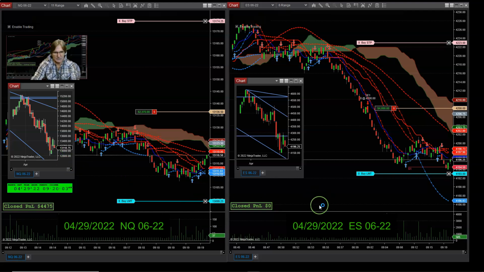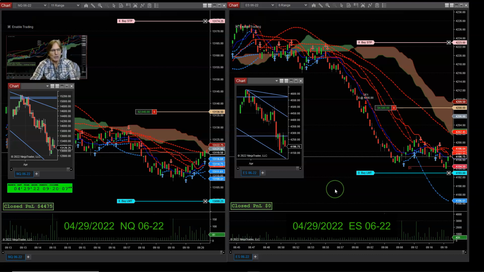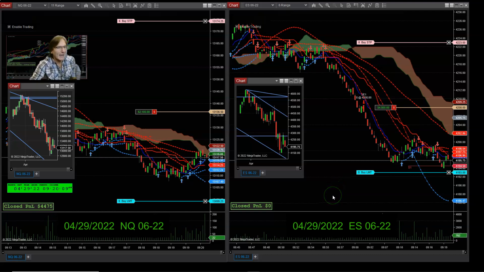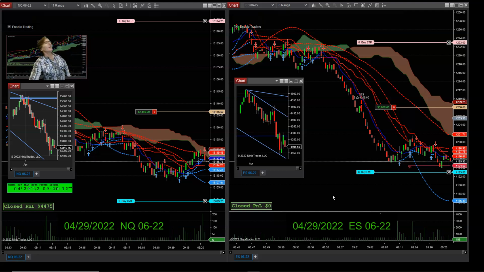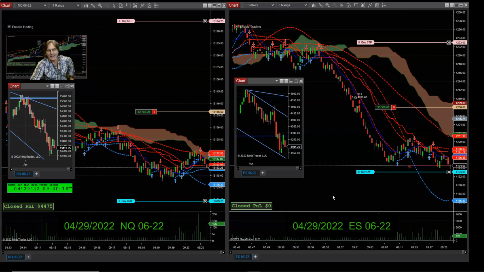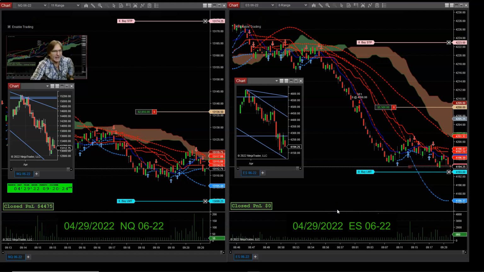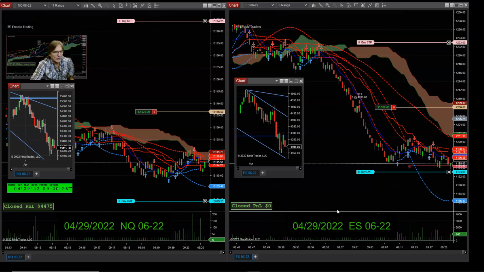I suspect since we're closer to these targets, we'll probably hit them, but no one really knows for sure. So automatic trading, that's what automatic trading is all about, my friends. This type of trading is, as you can see, stress-free, and all the trades execute perfectly.